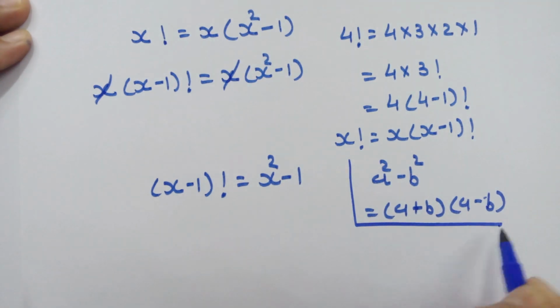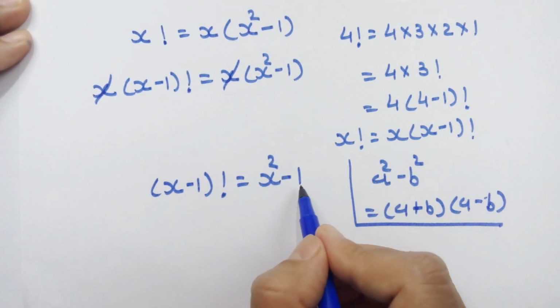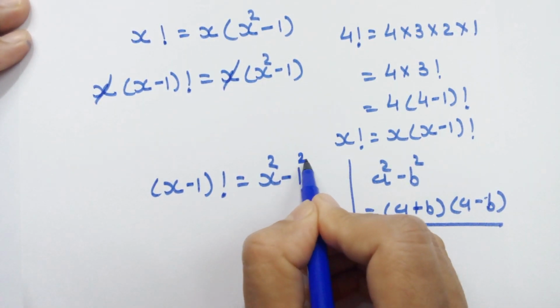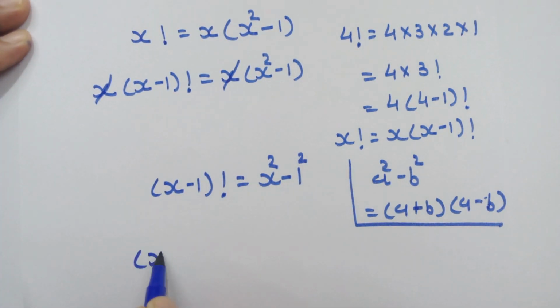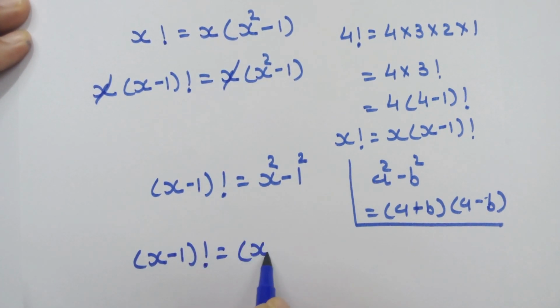Okay, by using this rule on this side, and here we can write 1 square because 1 square is equal to 1. So our next step is x minus 1 factorial is equal to x minus 1 into x plus 1.